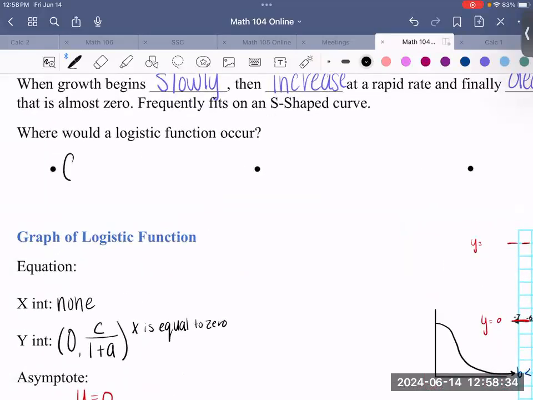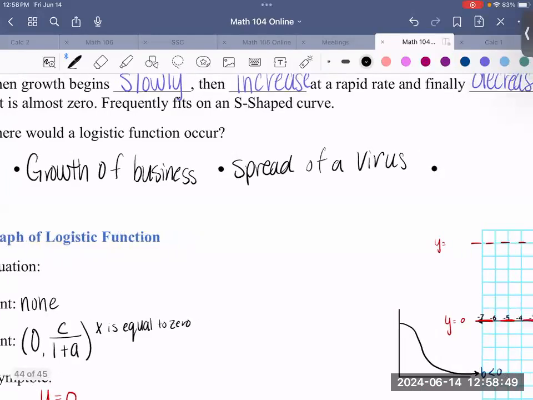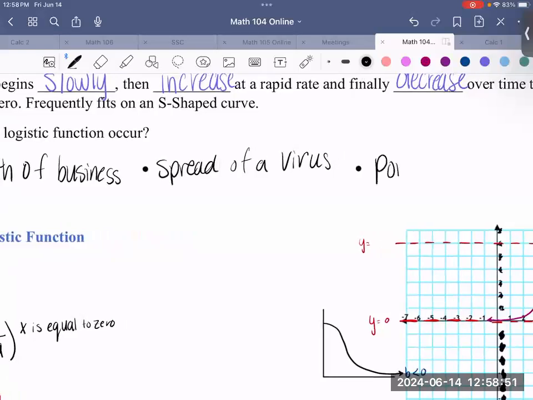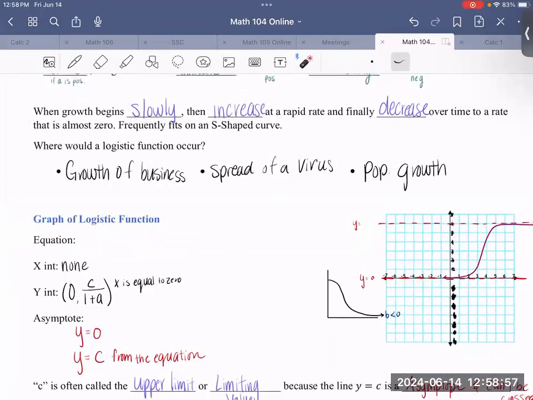Well, this would be a great example of a growth of a business, or a spread of a virus, or population growth, right? Or decay.